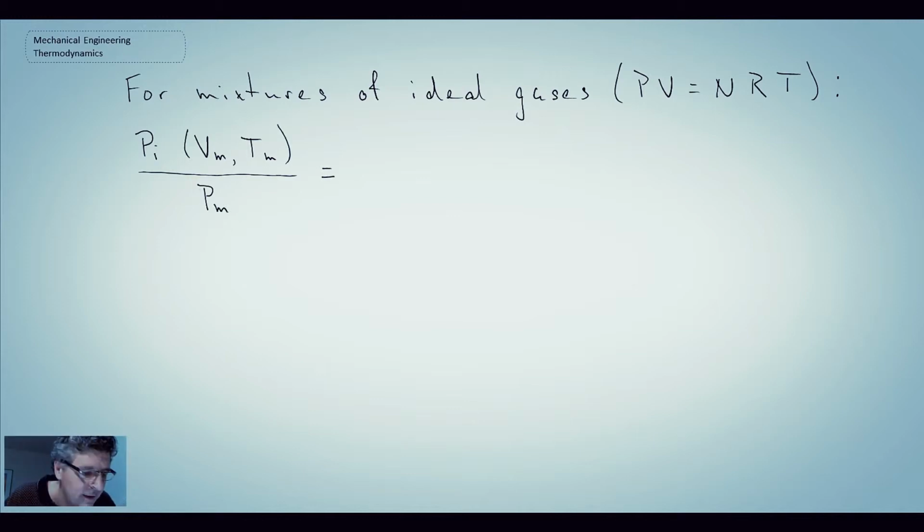With the ideal gas equation, we can rearrange the ideal gas equation up here, and you can see that essentially all we need to do is take the volume onto the other side. So we can re-express the pressure here in terms of the ideal gas equation.